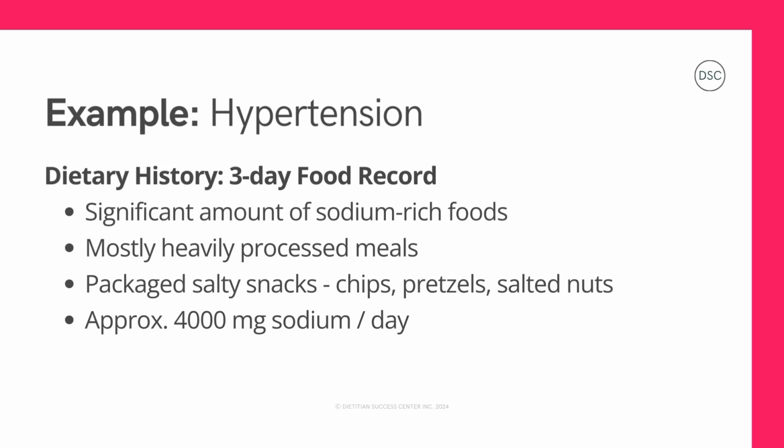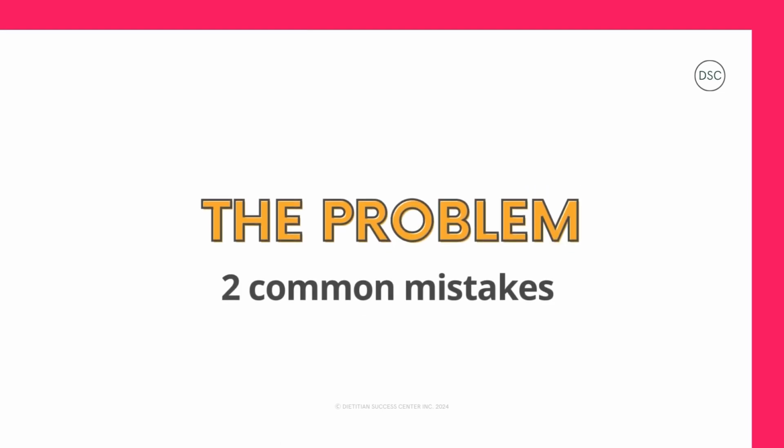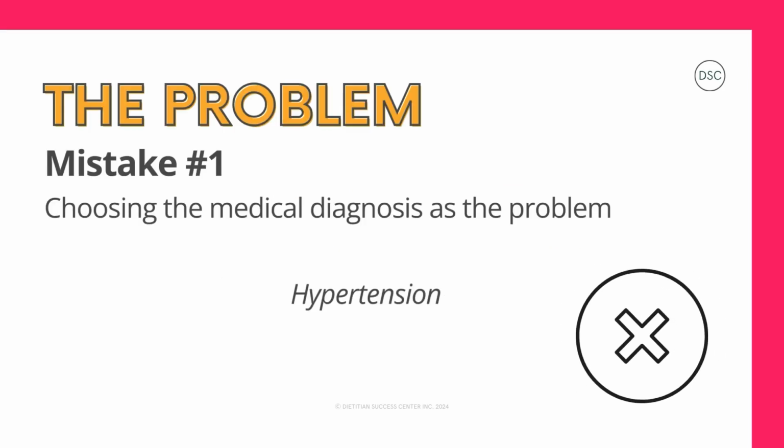From a quick calculation, we can see that she is consuming approximately 4,000 milligrams of sodium per day, which is 2,000 milligrams higher than the recommendation in the area we practice. So let's go through a PES statement example. What is our main problem? There are two common mistakes that dietitians and dietetic students will make here. Mistake number one, choosing the medical diagnosis as the problem.